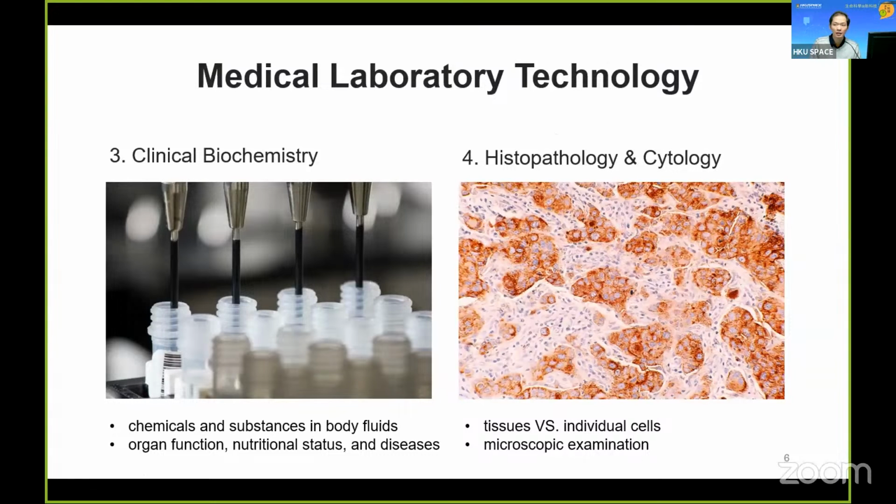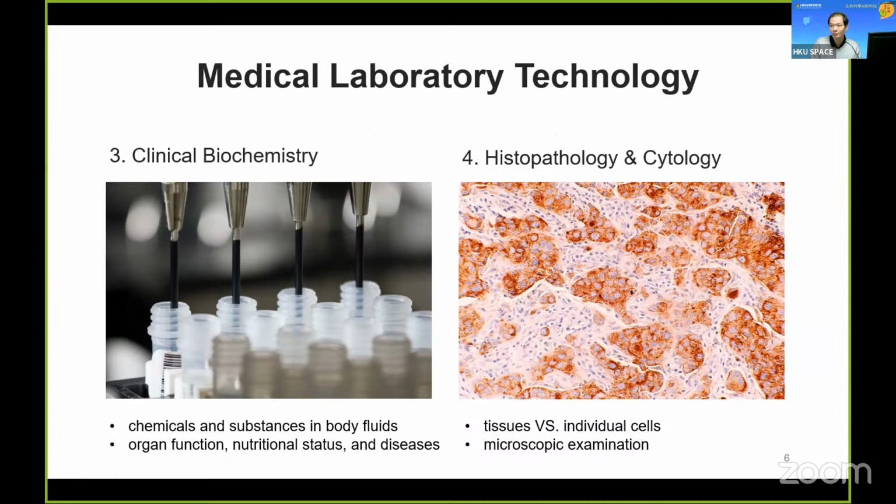Those areas do analysis focused on different body fluids, mainly blood as well as urine. These are very important parameters for the doctor to understand whether your organs and body work properly, whether the metabolism of nutrients is good enough in your body, and whether that's linked to any disease or health condition.